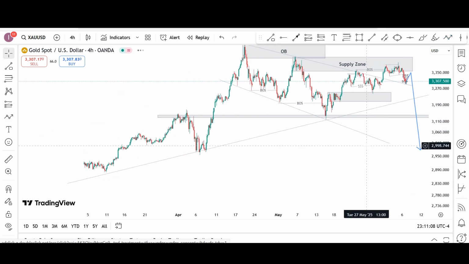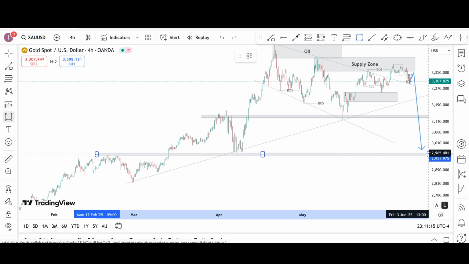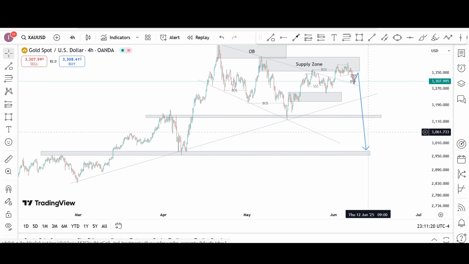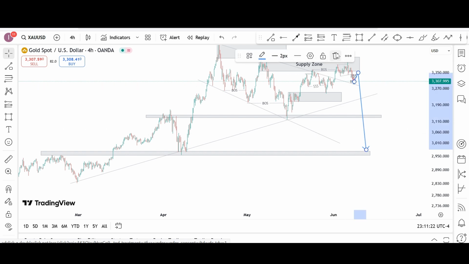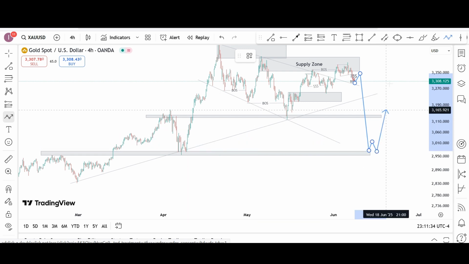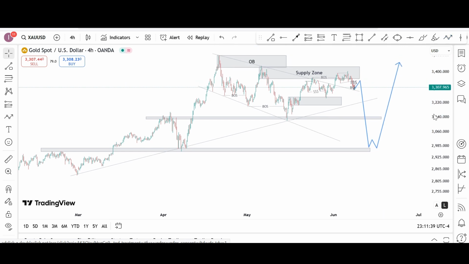And looking back to the previous price action, you can see this area. Price can come back to this area to respect this particular area, giving us another double bottom, just like this one, then start grinding up. Yeah, this is very, very possible.